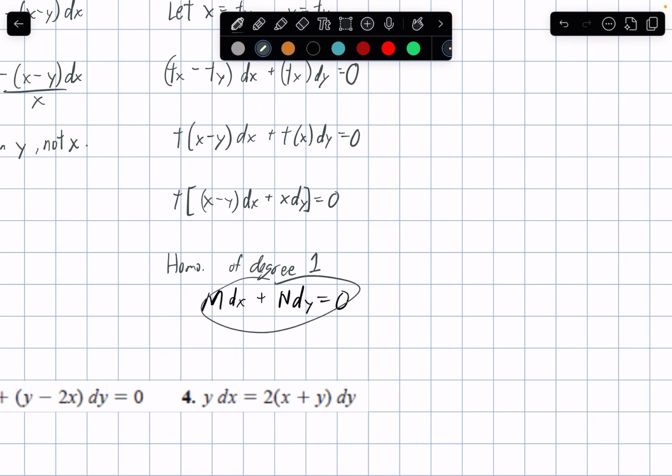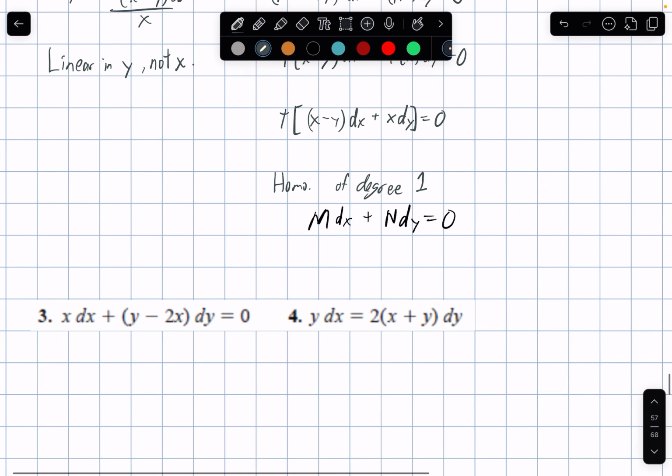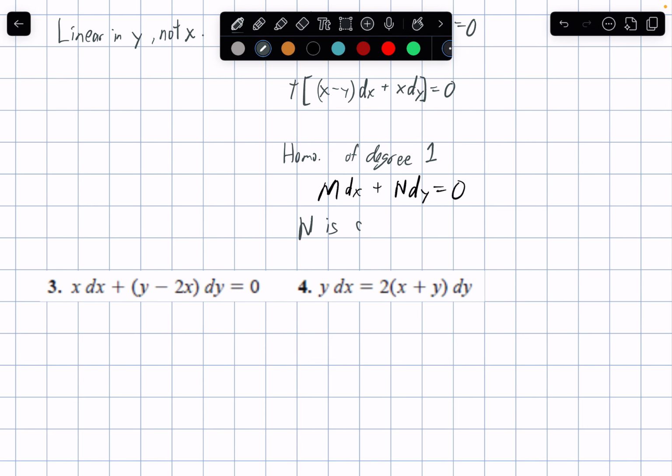This comes from the exact method. So the idea is you want to identify whether M or N is simpler. M right now is x minus y. N is x. Okay, so we know that right now N is simpler.